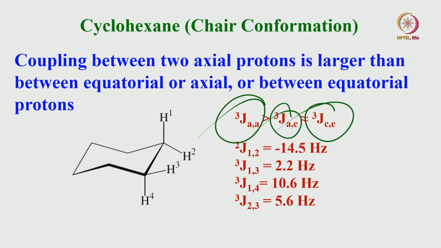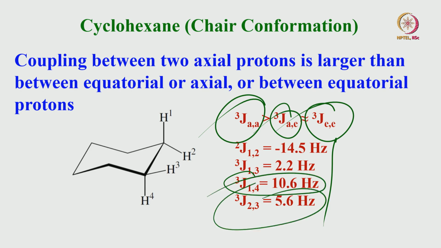Remember, axial coupling is larger than axial-equatorial, which is larger than equatorial coupling. For example, in a molecule like this, 1,2 coupling is larger, about 14 hertz, then 1,3, then 1,4 coupling, see 2,3 coupling. This is simple, just a general guideline. Of course, in this type of cyclohexane, when you have a chair conformation, by and large this order is maintained.